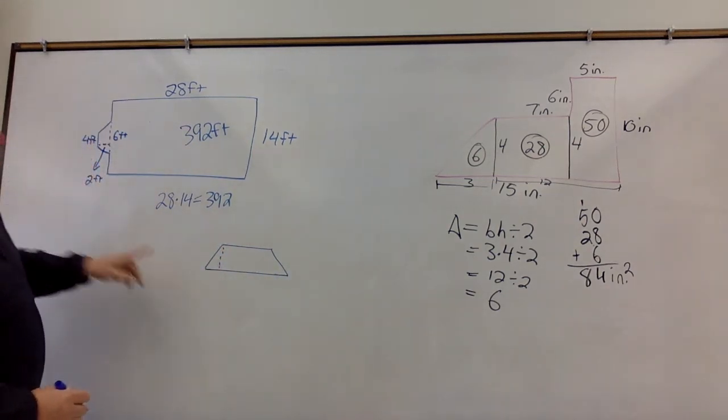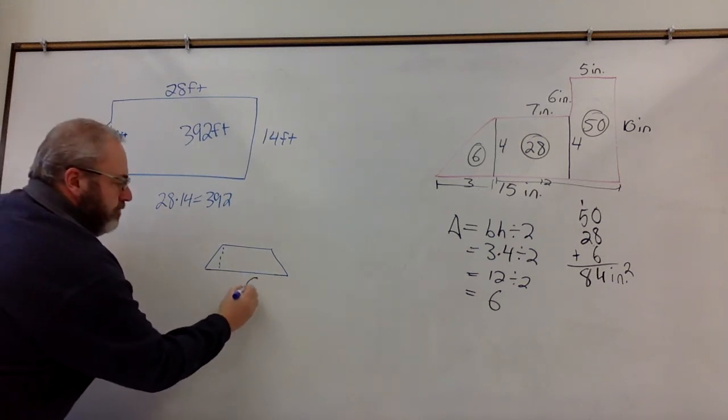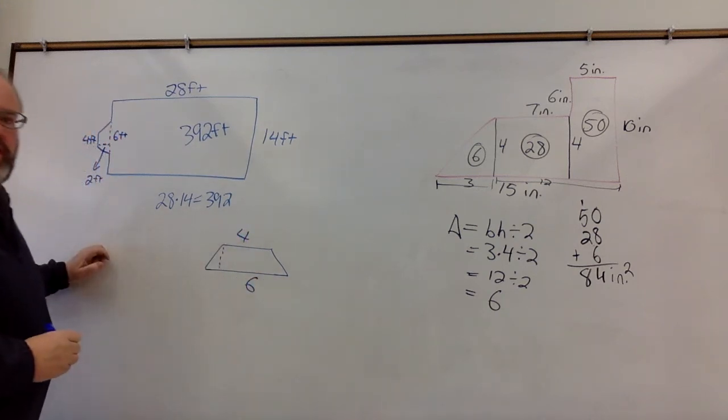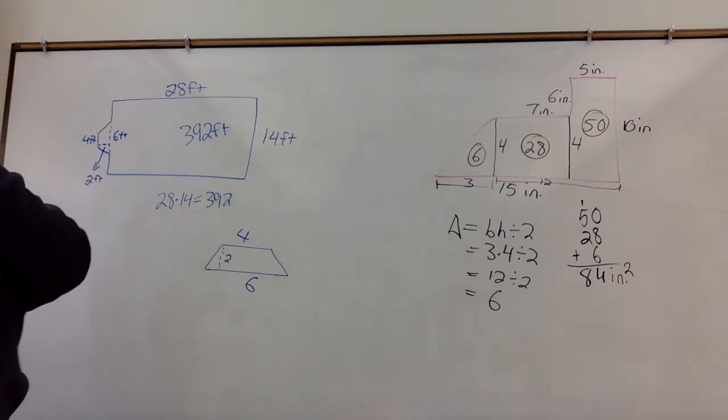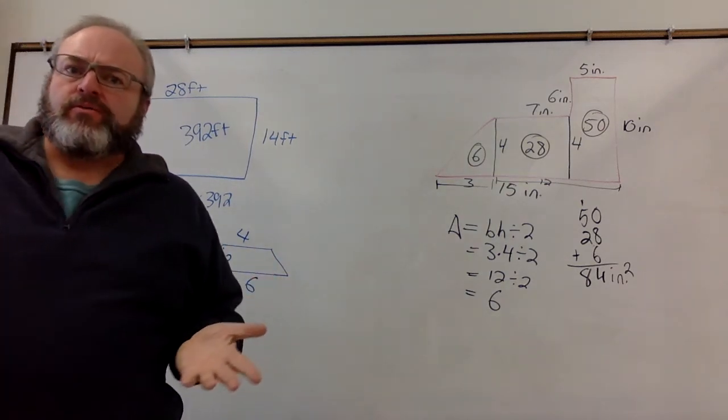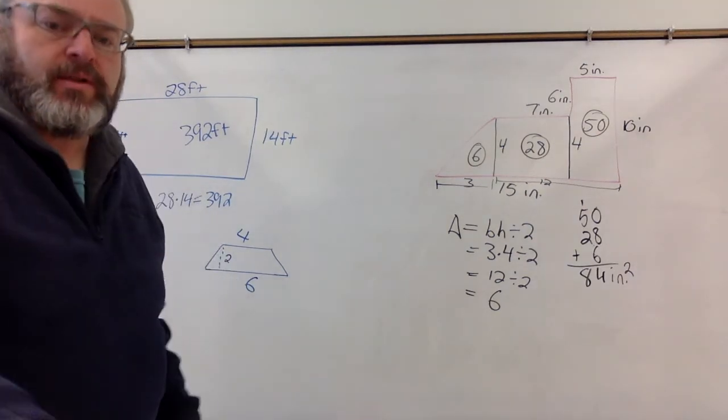So this 6 feet is right here along the bottom, 4 feet on the top, and what is our height? 2 feet. Okay, so who remembers how to find the area of a trapezoid? Well, let's go over that again.